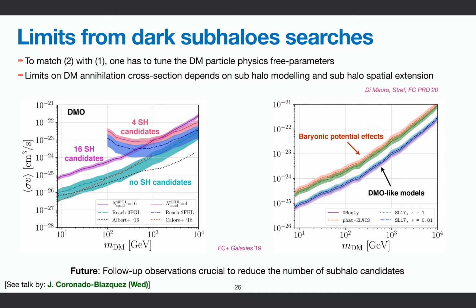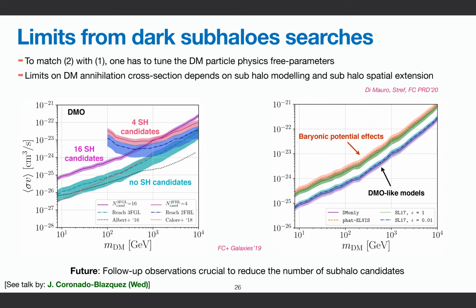So by comparing the number of expected candidate detectable sources with the number of dark matter subhalo candidates, what you can do is again to set constraints on the cross-section as a function of the mass. And this will, of course, depend on the number of subhalo candidates that you have in your catalog, as well as on the subhalo modeling.